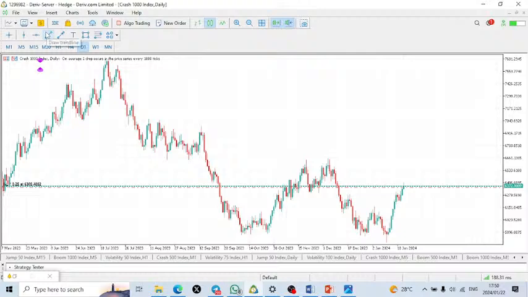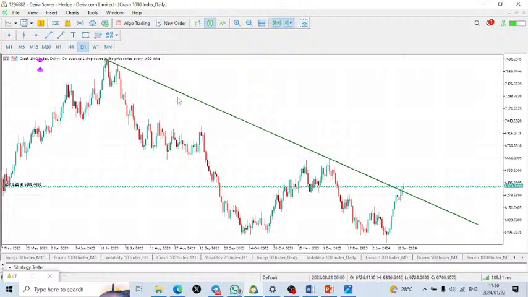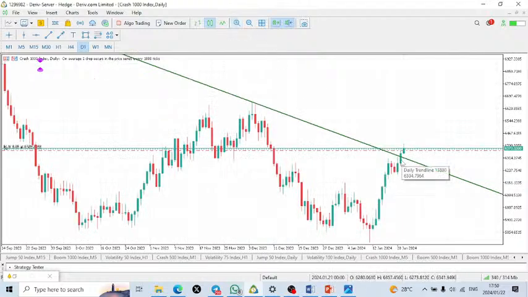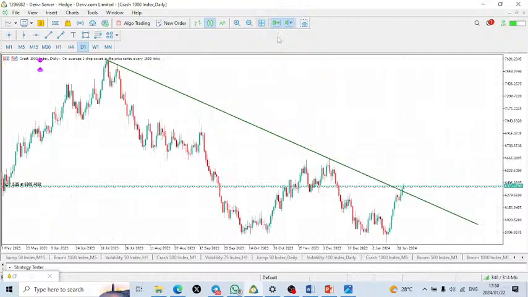If I draw my trend line here, we have a breakout on this particular trend line. Yesterday's candle closed above this trend line, indicating that price is likely going to move upwards. So I'm anticipating the price should continue to move upwards.